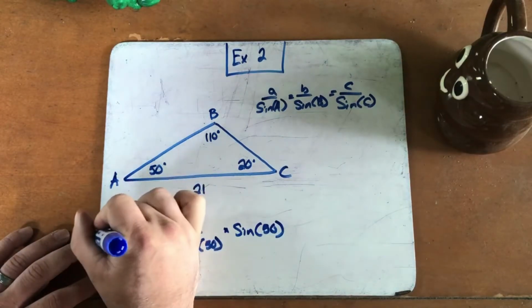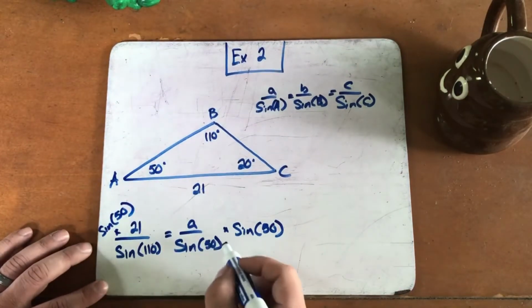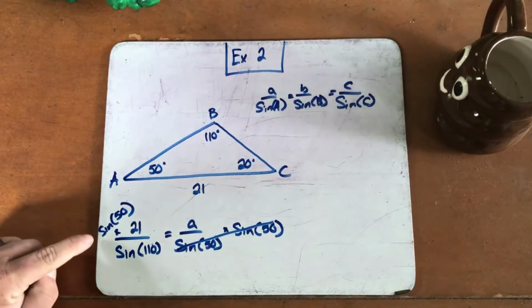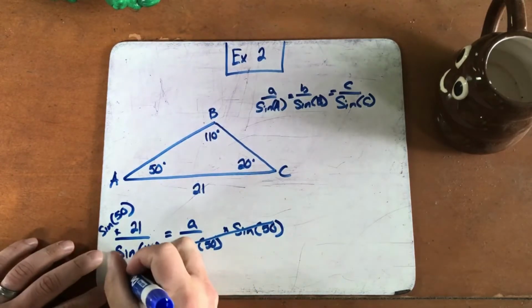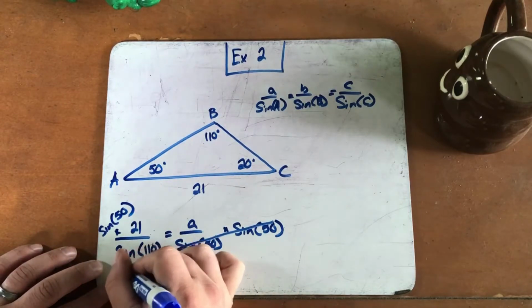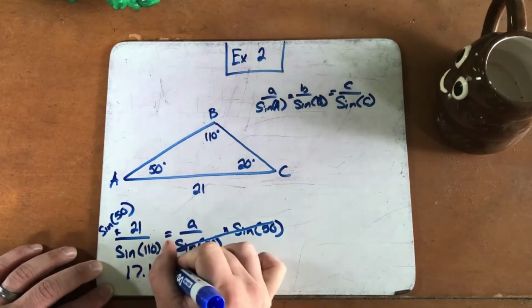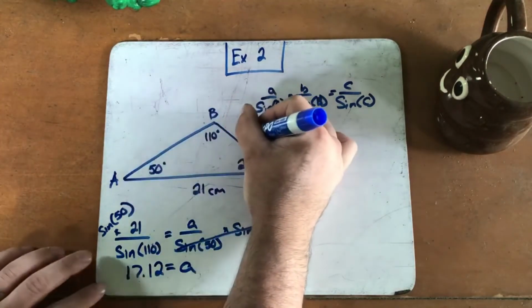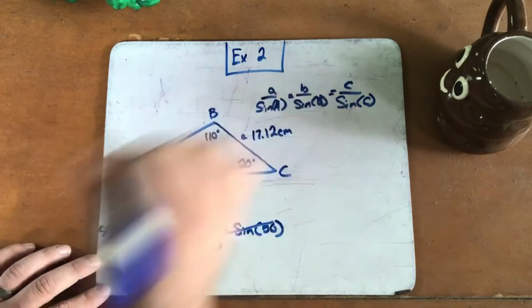So these two would divide out to be 1. And I have the sine of 50 times 21 over the sine of 110. When I do that, I end up with 17.12 equals A. So let's say this is centimeters. So little a would be 17.12 centimeters.